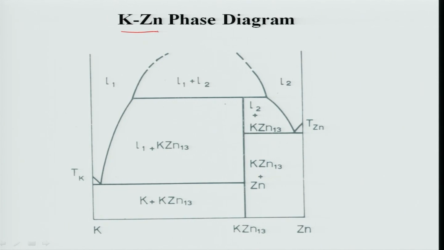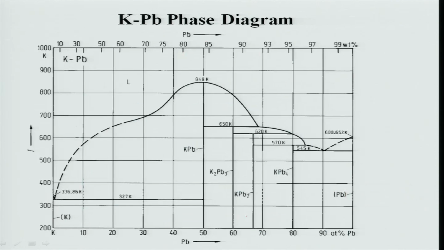This one is a potassium zinc system, which is not at all used in real applications. You see here, this is the dome, and then there is a line compound KZn13, formed by the syntectic reaction. This is again a line compound, and we have discussed this in the case of peritectic reactions.